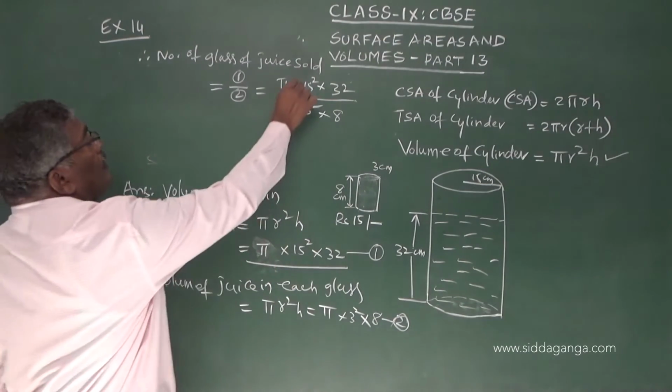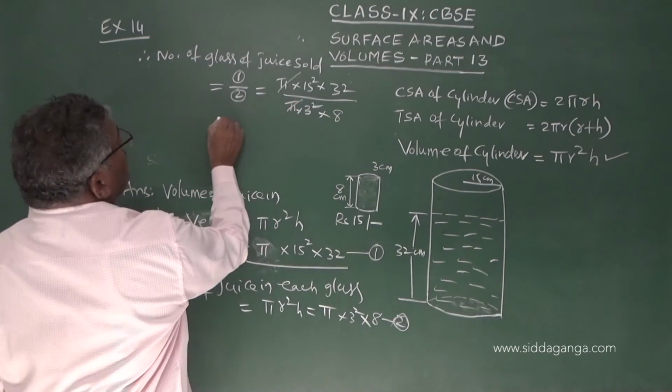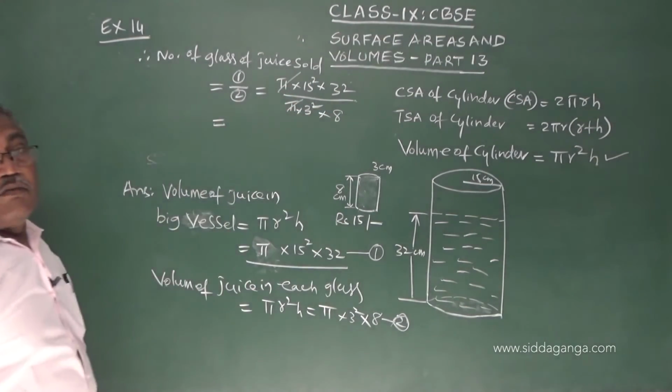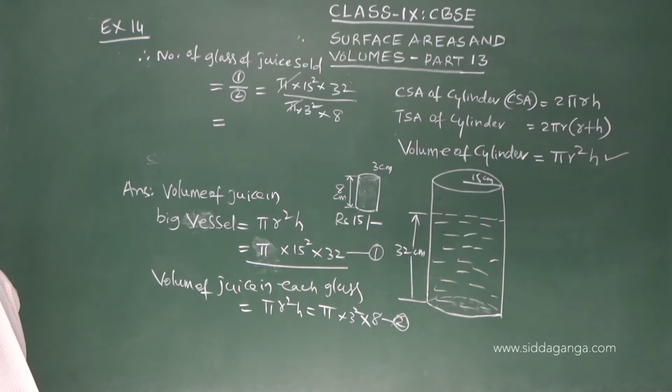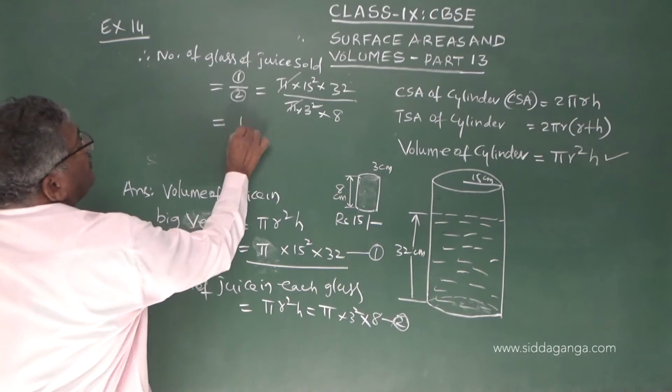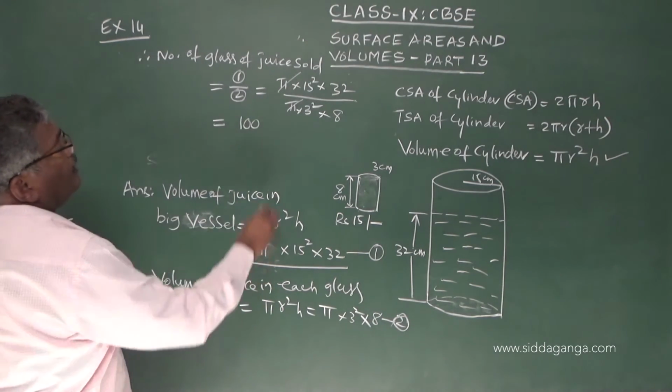So here pi and pi get cancelled. 15 square into 32, 3 square into 8. You will get 100 glass.